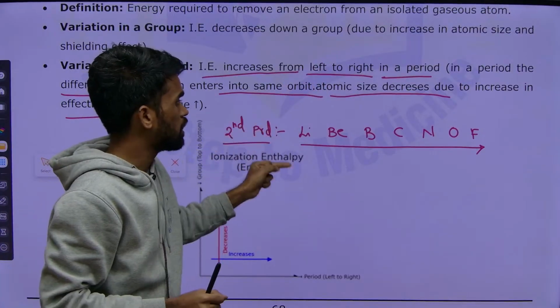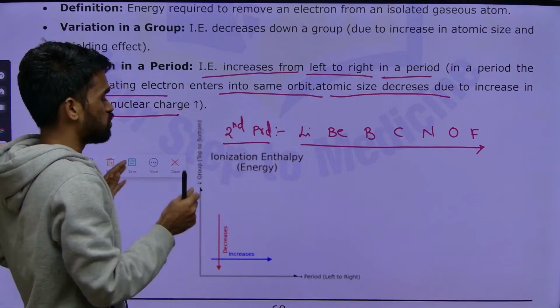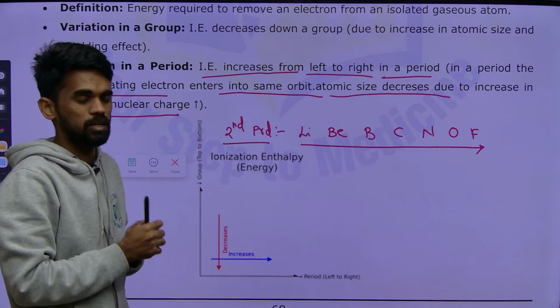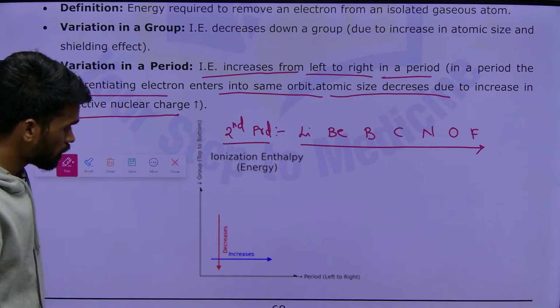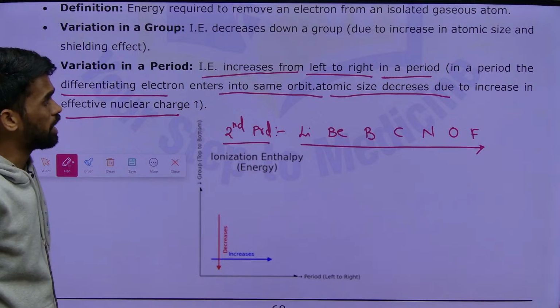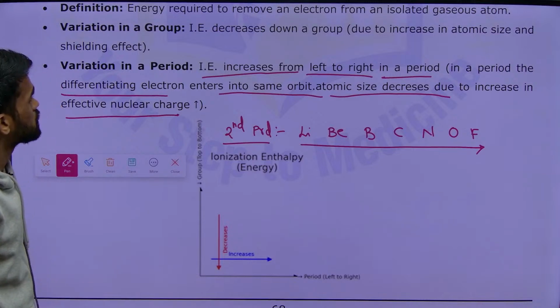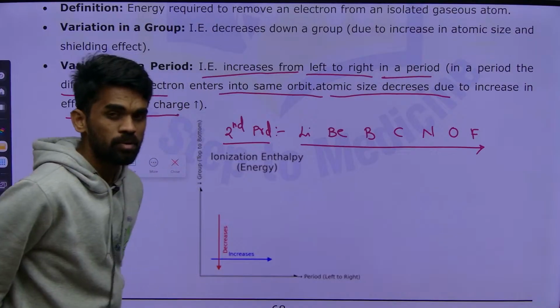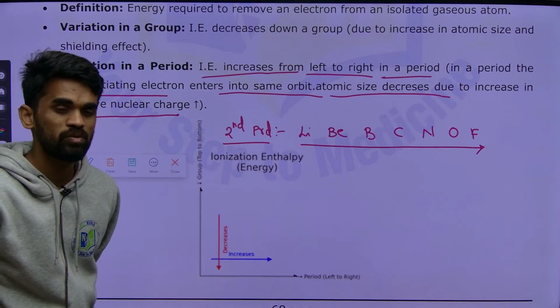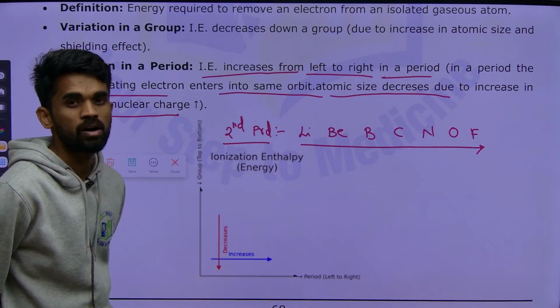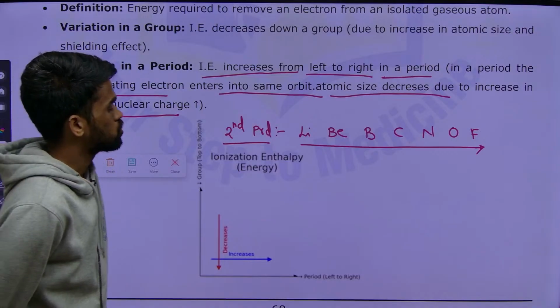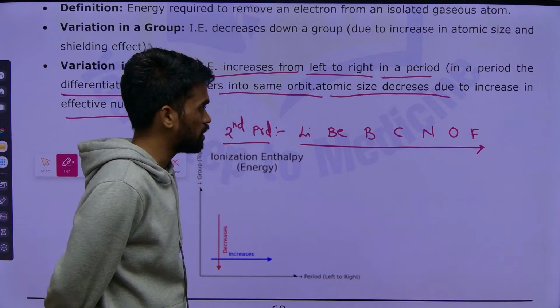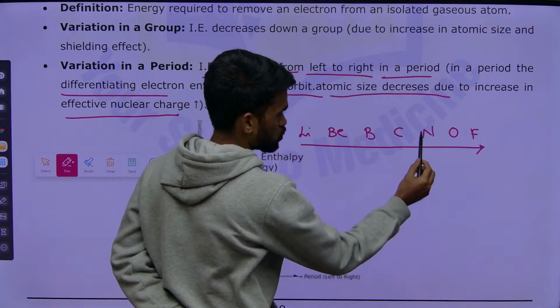That's why ionization energy is higher from left to right. You can express this with one example, but there are some alterations here that depend on the factors affecting ionization energy.